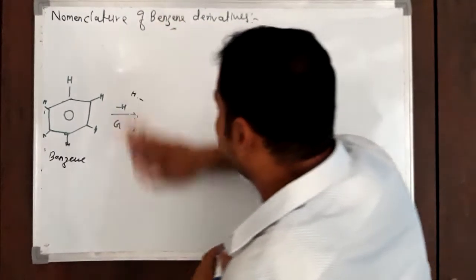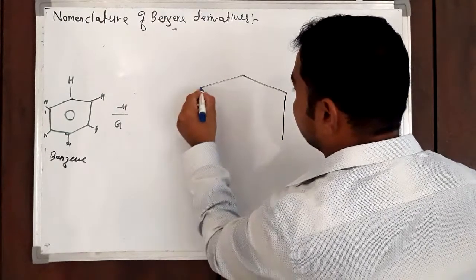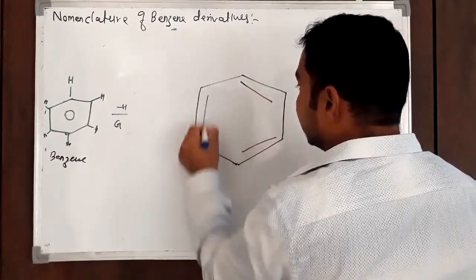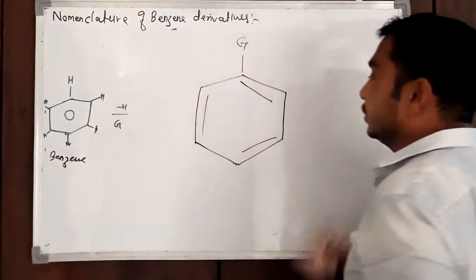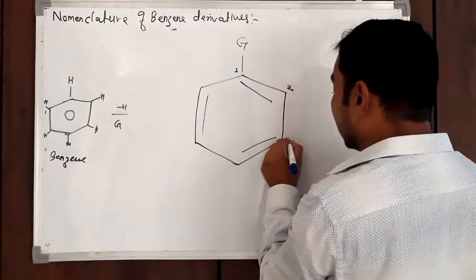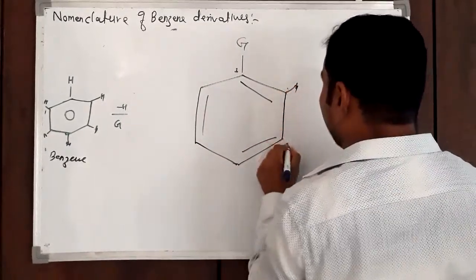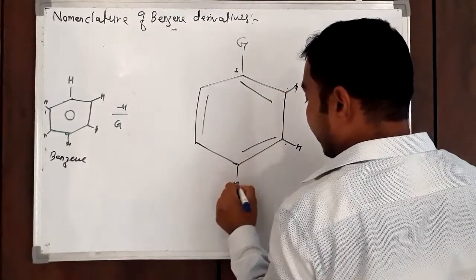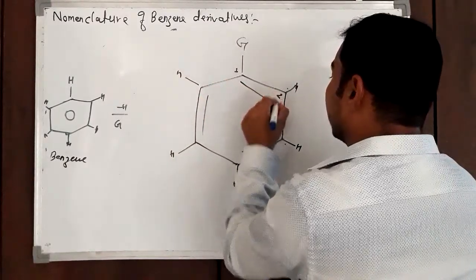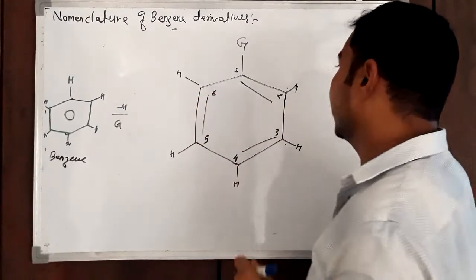See, I will draw a bigger structure. This is monosubstituted benzene with G. Here carbon number 1, carbon number 2, carbon number 3, 4, 5, 6, and 5 hydrogens are attached.